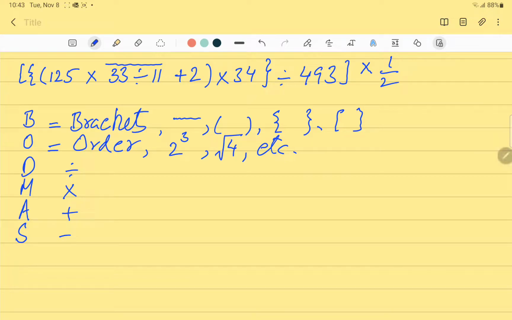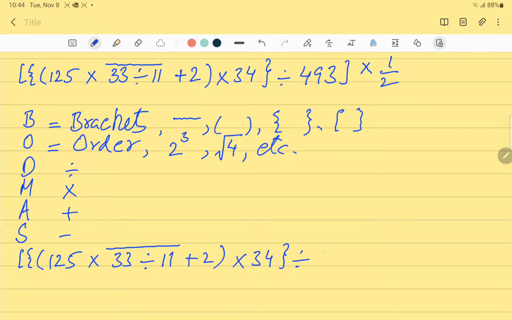Okay, let's write down our question one more time. Okay, now we will start with the bracket because we have to solve the expression in the same order of BODMAS, like brackets first, then order, then division, then multiplication and addition, and then subtraction.